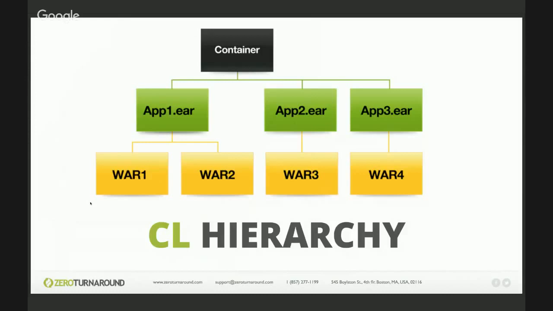One thing I will mention before we go on actually is the strategy for every application server or every class loader can be different. So for example, WebSphere will always prefer parent first. So in the WebSphere case, we will start at the container class loader, the shared class loader, then we'll go to the application class loader, then we'll go to the web class loader.